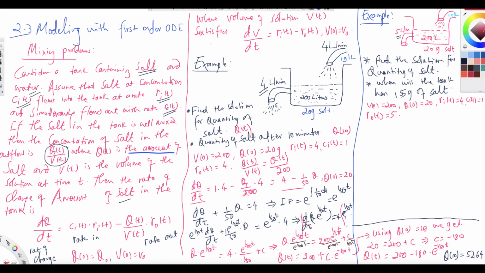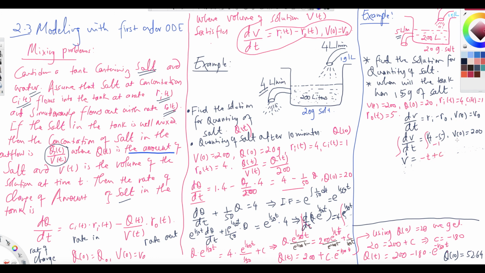So how do I find out the volume? Because the volume is changing here; it is not constant. This is the formula: to find V(t) we use dV/dt equals Ri minus Ro, and V(0) equals V0, right? So dV/dt equals 4 minus 5, which is negative 1. Then V equals the integral of negative 1, which is negative t plus c.